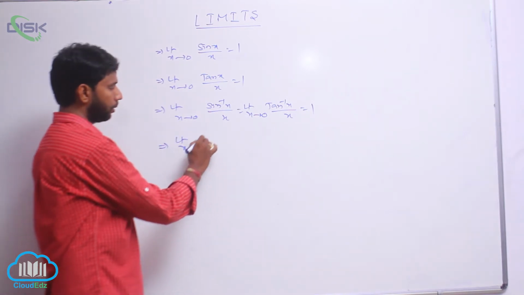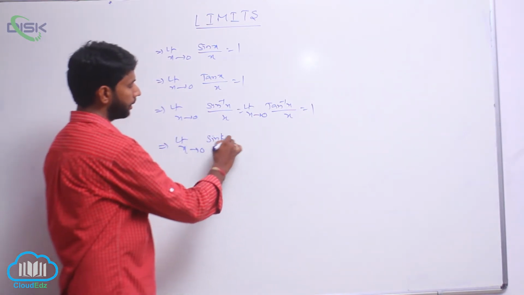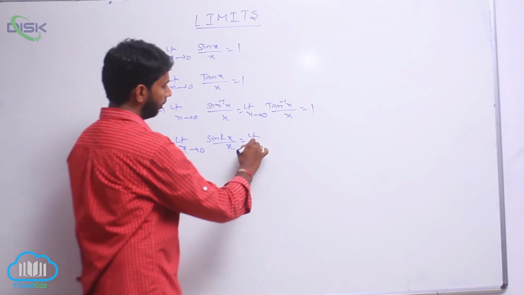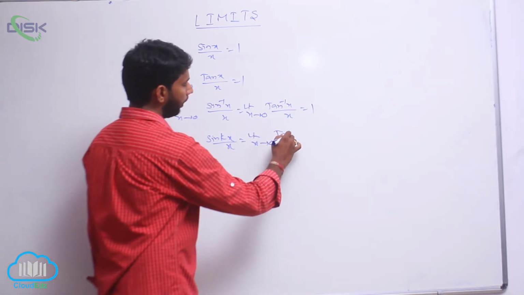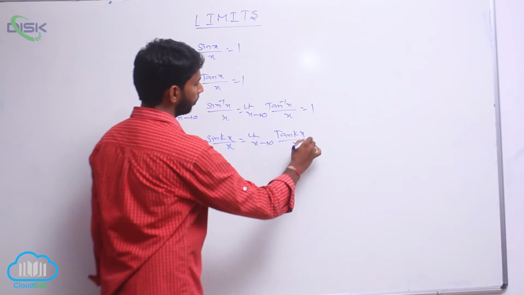And limit as x tends to 0 of sin kx by x, and tan kx by x, is equal to k.